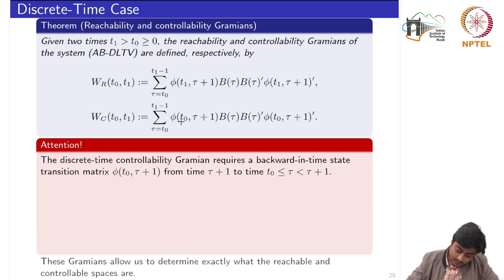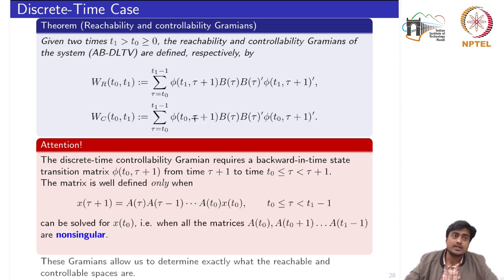For example, starting with tau equal to t0, it would give me phi(t0, t0 plus 1), and the two arguments within the state transition matrix say that whenever the input is applied at this time, I am collecting the response at this point. So I need to compute backward in time, which is quite visible in the definition of the state transition matrix.